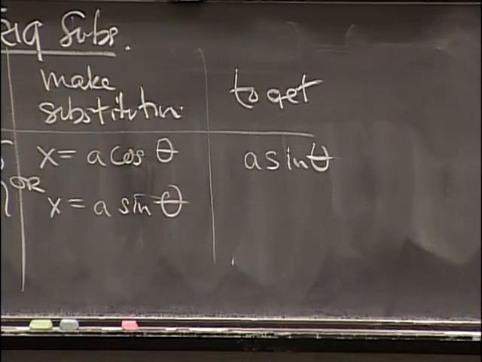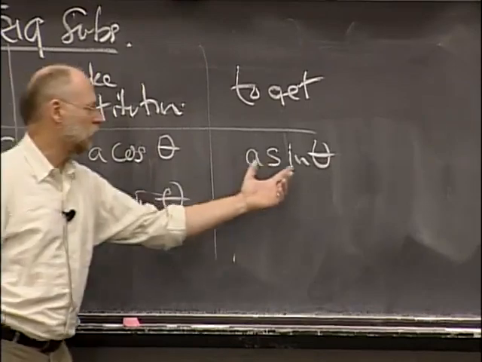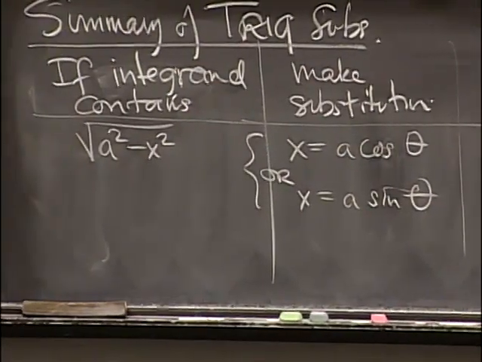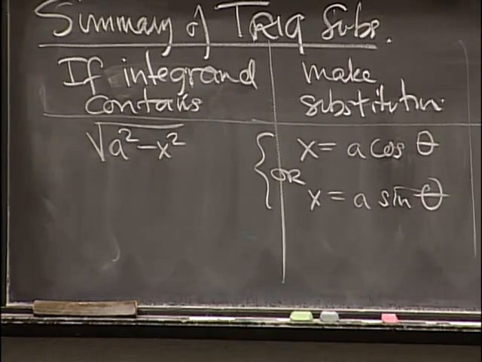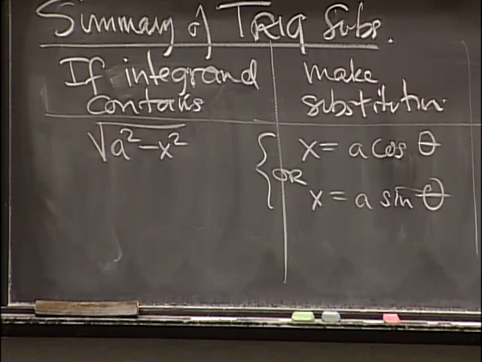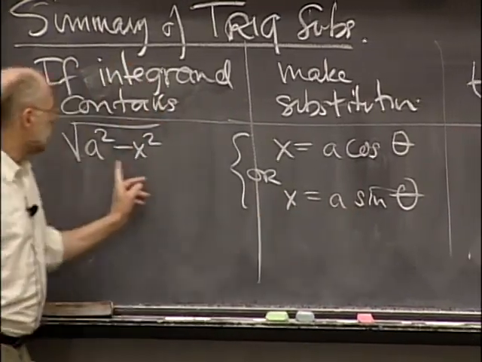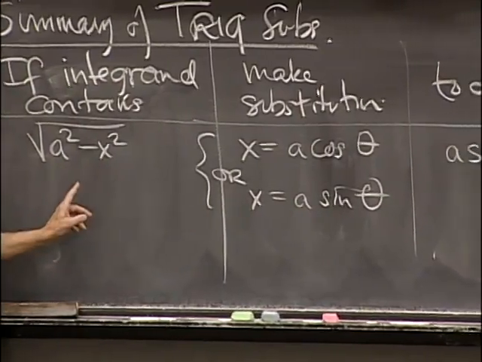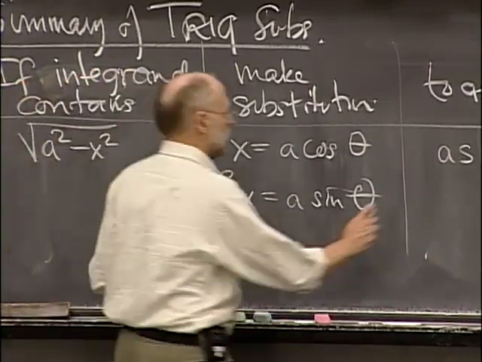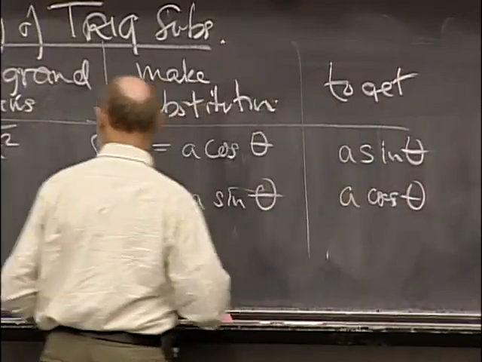So this expression becomes equal to this expression under that substitution. Then you've gotten rid of the square root, and you've got a trigonometric integral that you have to try to do. If you made the substitution a sine theta, you'd get a squared minus a squared sine squared, which is a times cosine theta. And then you can go ahead as well.